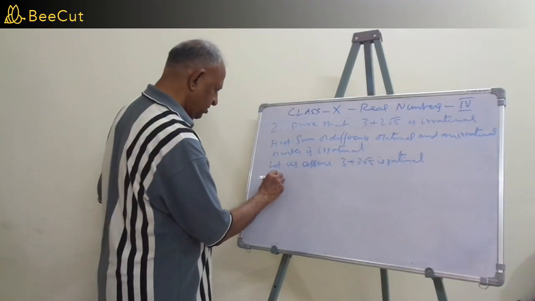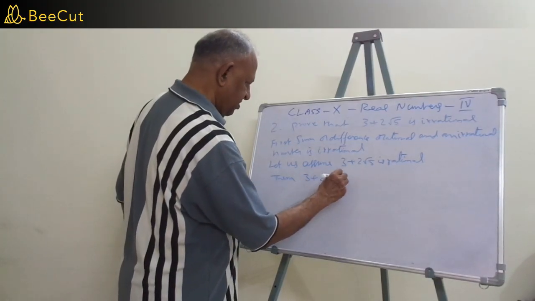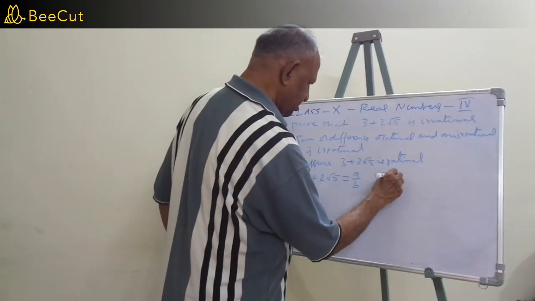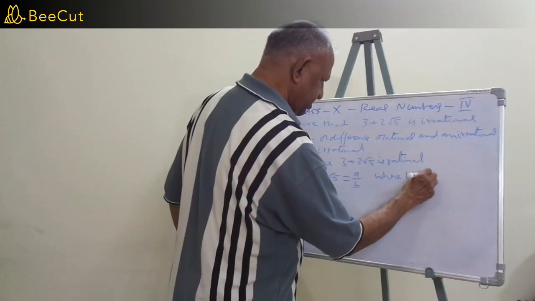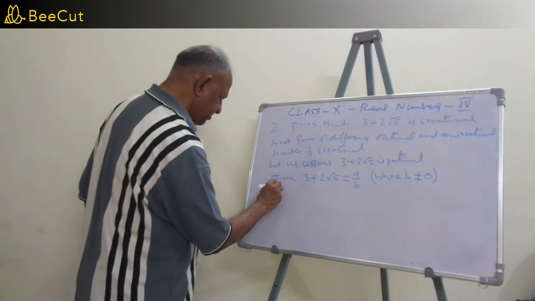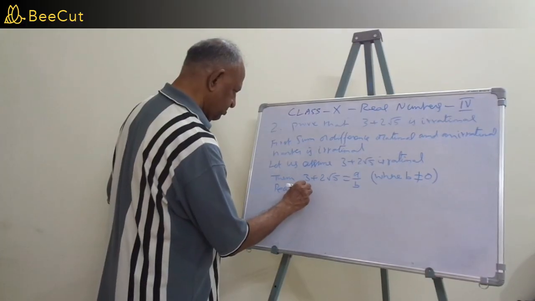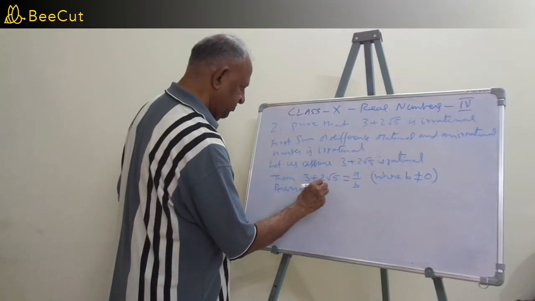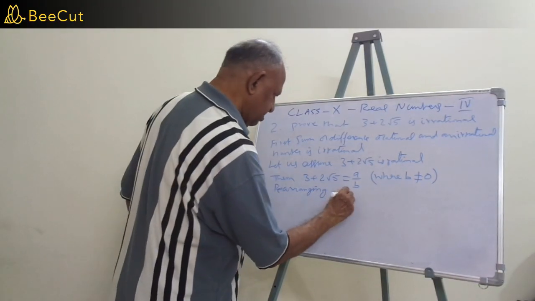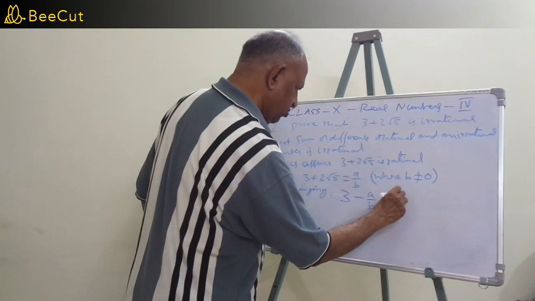Then 3 plus 2 root 5 can be expressed as a by b, where b not equal to 0. Rearranging, we get a by b minus 3 is equal to 2 root 5.